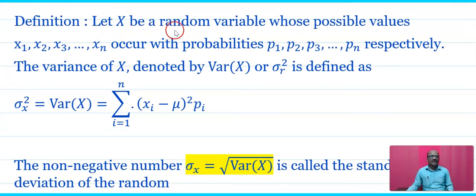The variance of X, denoted by Var(X) or sigma squared, is defined as the variance of X equals the summation from i equals 1 to n of (xi minus mu) whole squared into pi.